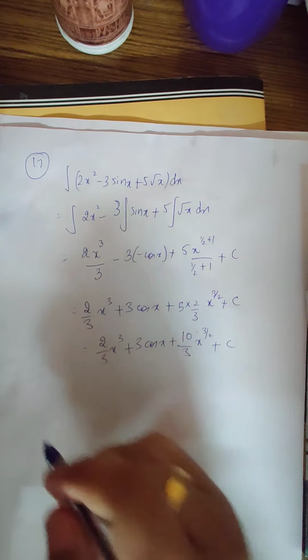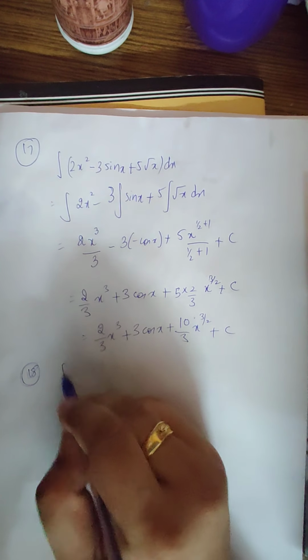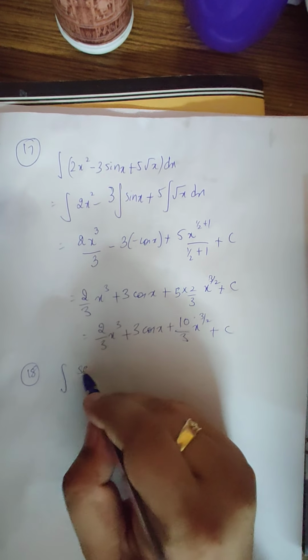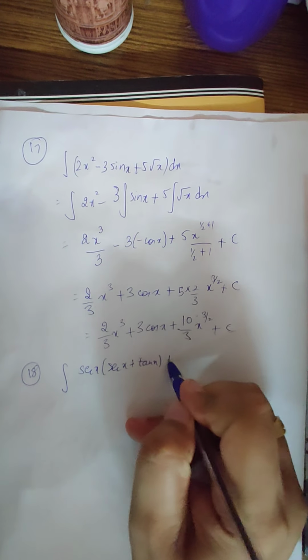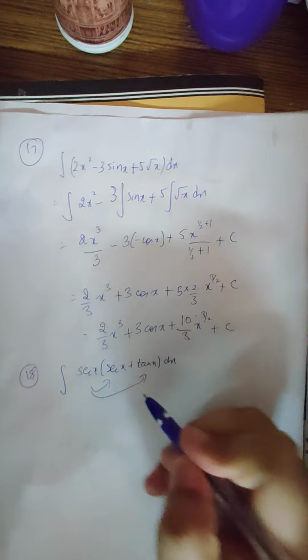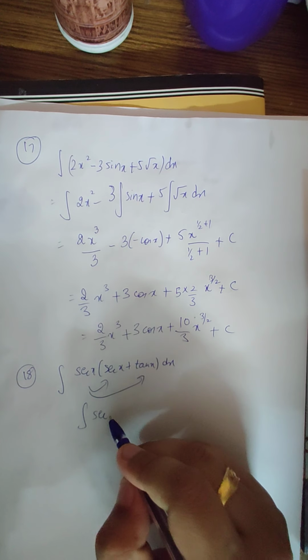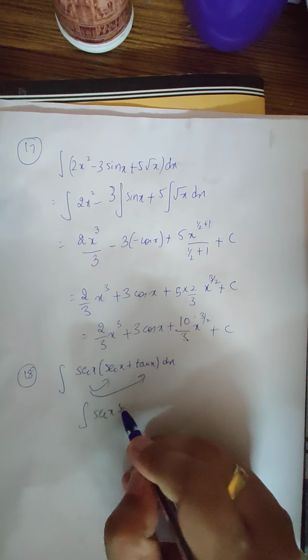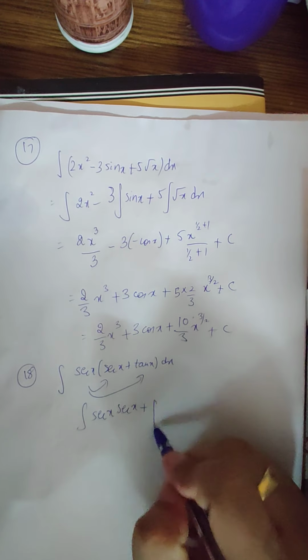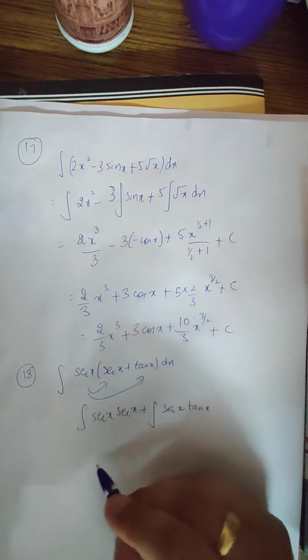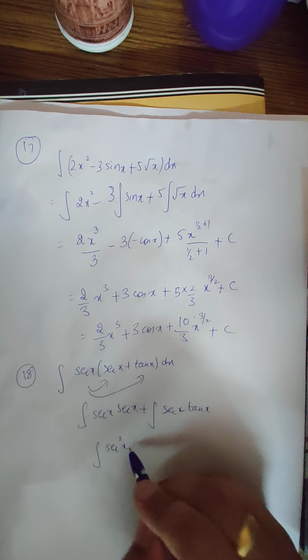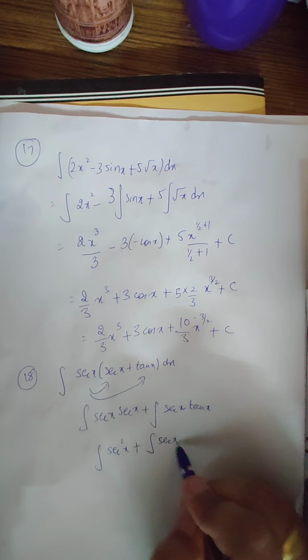Next we have the 18th one: integration of secant x into secant x plus tan x dx. I'll just multiply using the distributive property: integration of secant x into secant x plus integration of secant x tan x. So this will be integration of secant square x plus integration of secant x tan x.